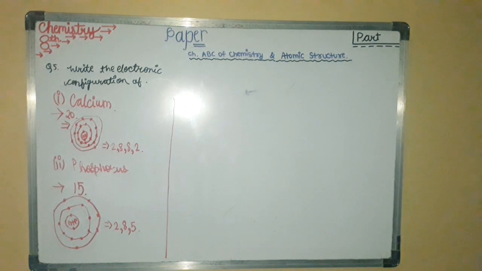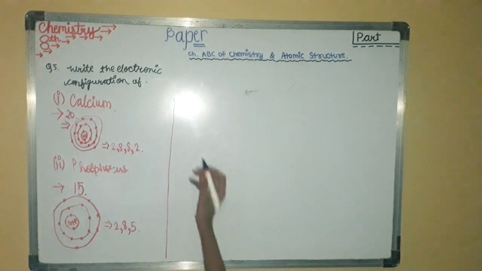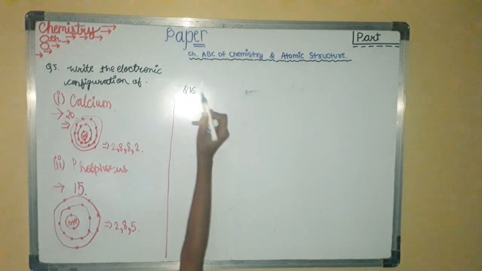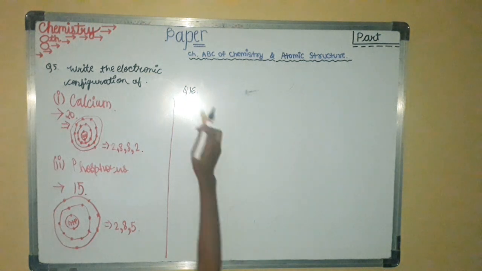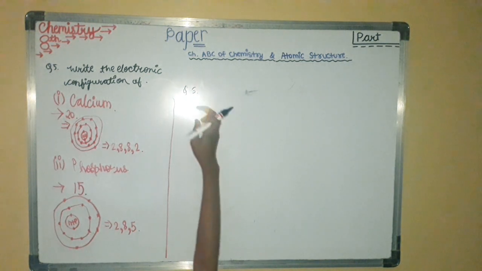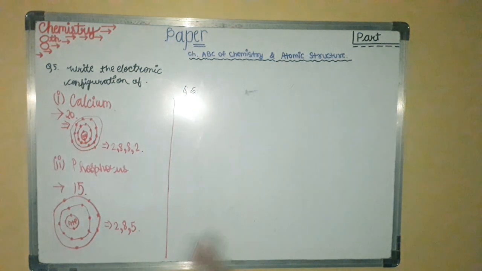The question is, what is the conclusion of the alpha scattering experiment by Rutherford? Question 6, sorry. I'll repeat the question. First observation of Rutherford, I'll start the answer.